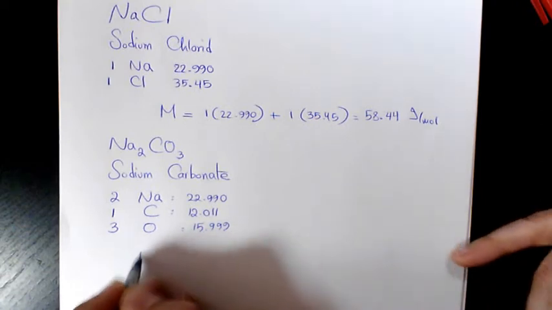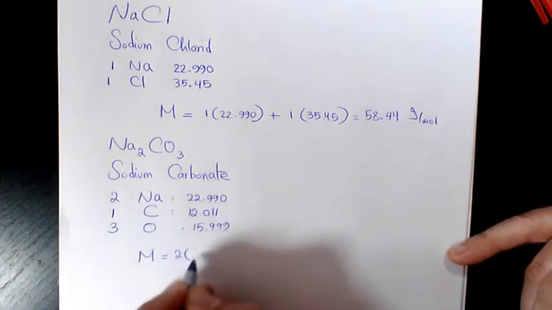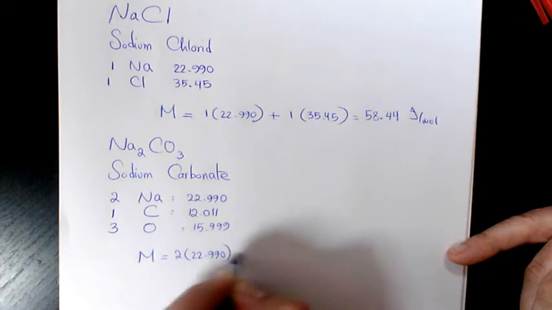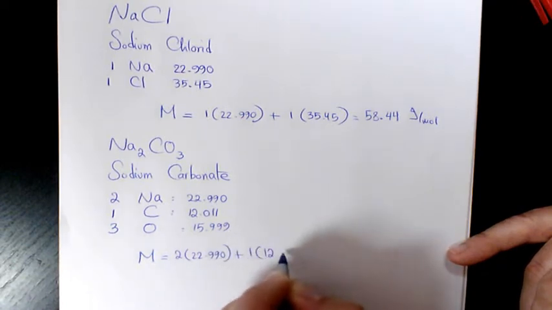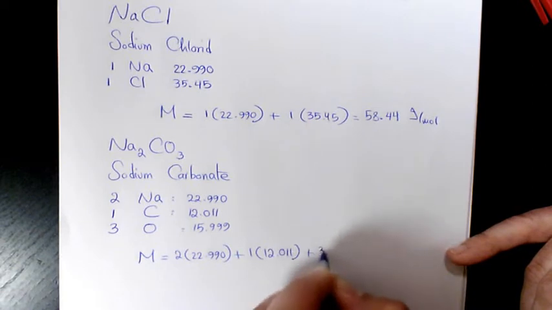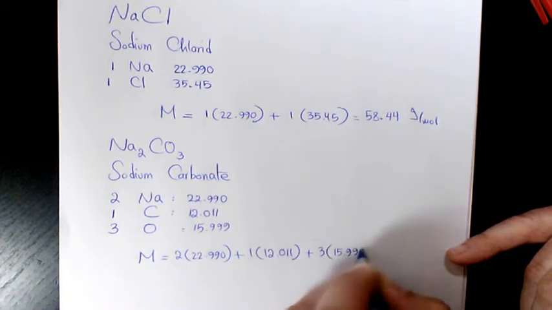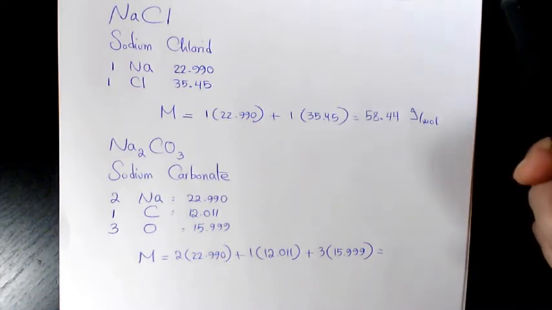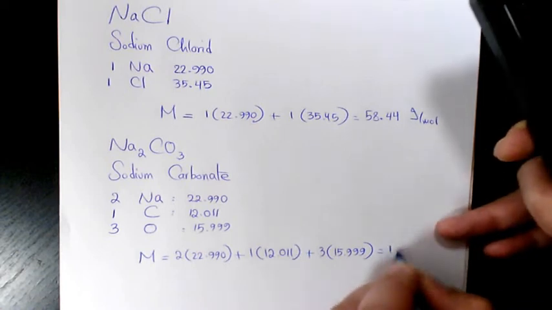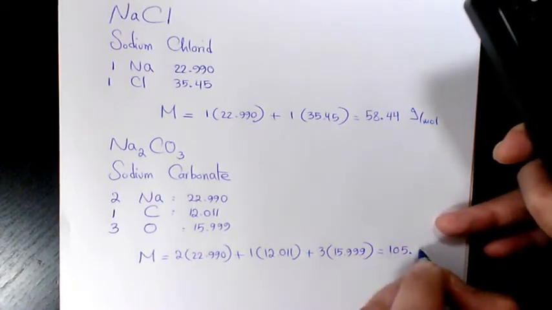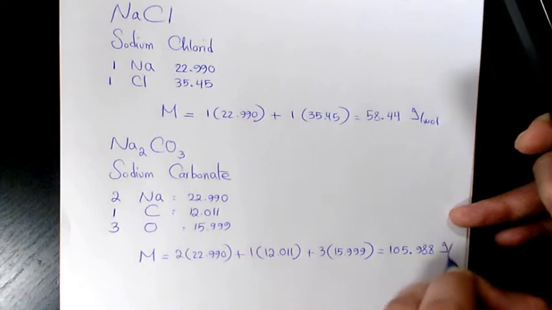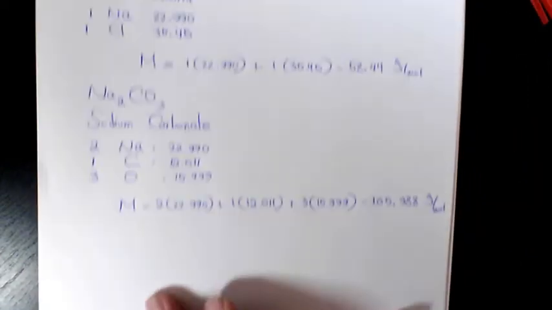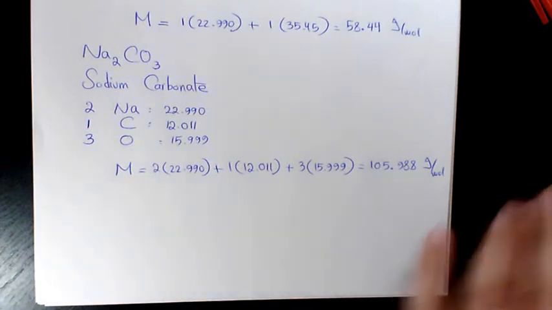So molar mass is 2 times 22.990 plus 1 times 12.011 plus 3 times 15.999. That's going to give me 105.988 grams per mole. That's the unit for molar mass or molecular weight, grams per mole.